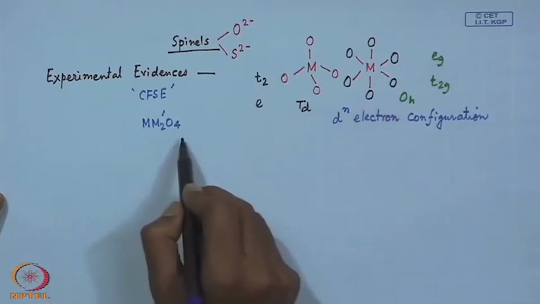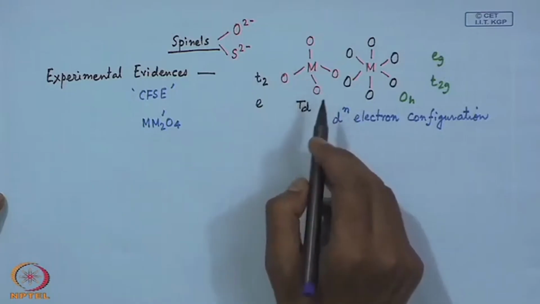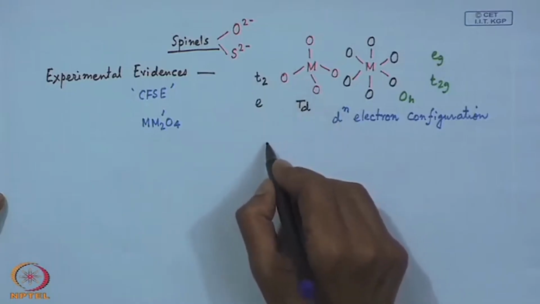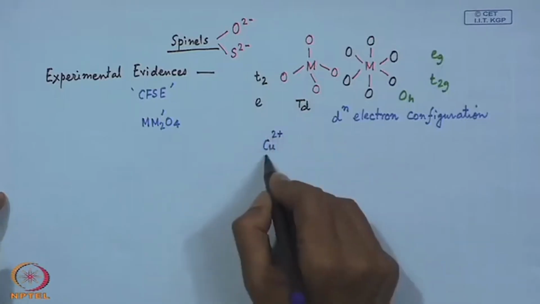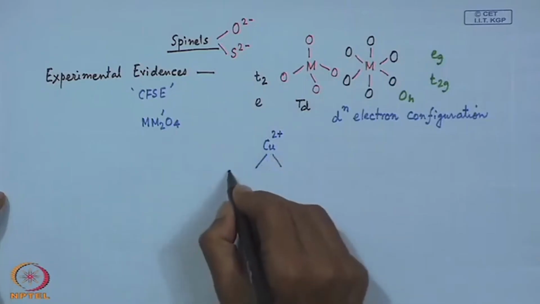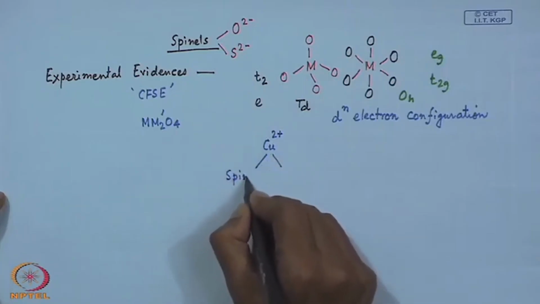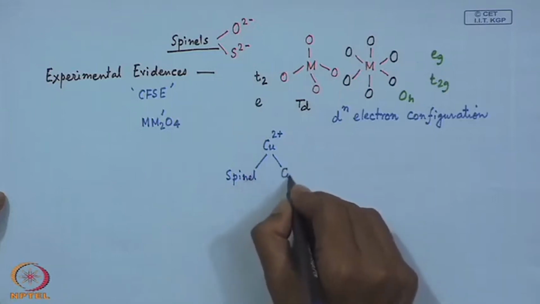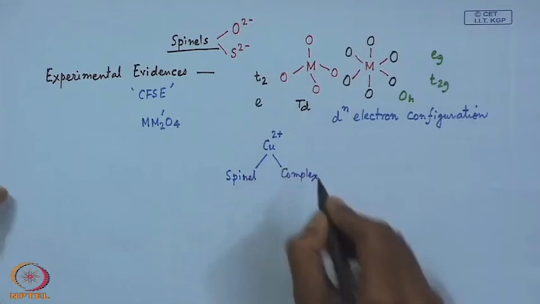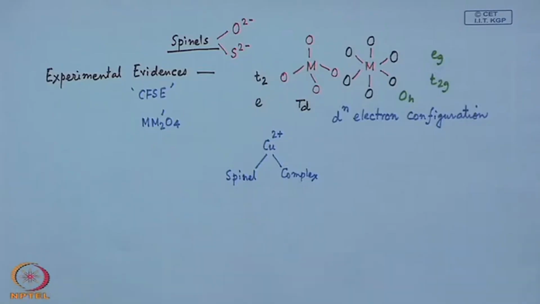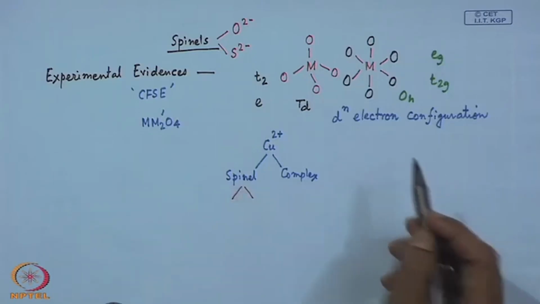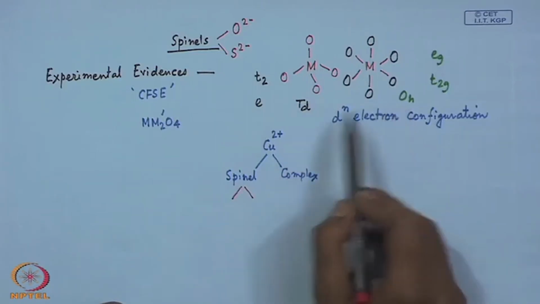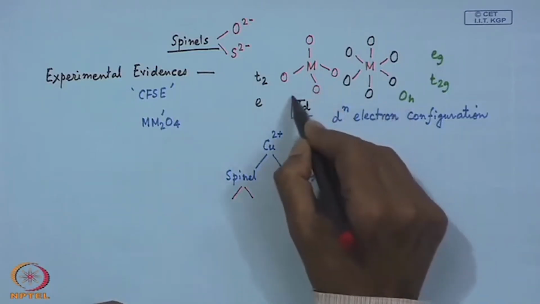So, when we find how many unpaired electrons are present, as we know, if it is a copper 2 plus based spinel, it can be a spinel or it can be a corresponding simple complex such as copper tetraammine complex or copper hexaaqua complex. So, when it is spinel, we can have the configurations for these two geometries, Td and Oh geometries.